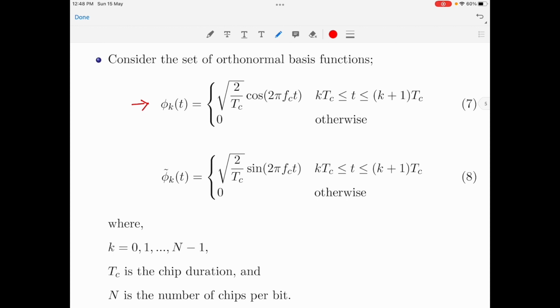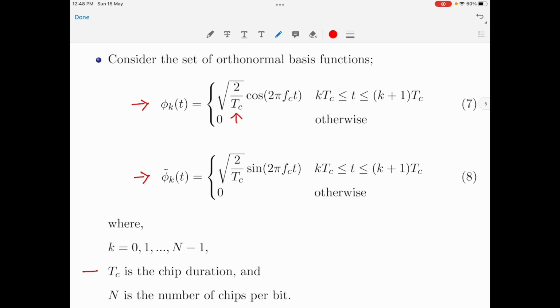The second basis function is given by phi k tilde of t and is equal to square root of 2 by Tc sin 2 pi fct, where t varies from kTc to (k plus 1)Tc once again and 0 otherwise.